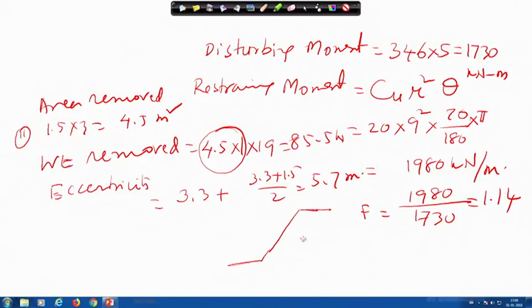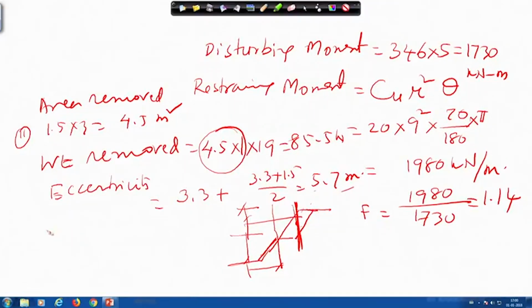So, when there is a slope here like this, and we have removed this amount of soil, and this is 3 meter and this is 3 meter, and there is a slope also mentioned here, so we can find out where it is acting. That point is shown by 3.3 meter up to here plus this distance, so approximately this plus this divided by 2, so 5.7 meter.